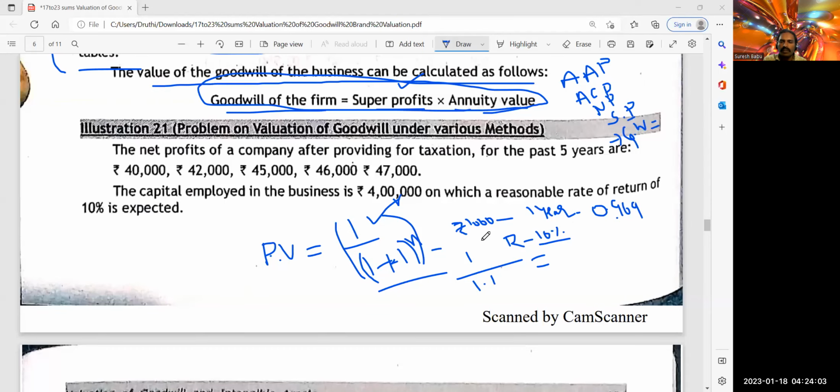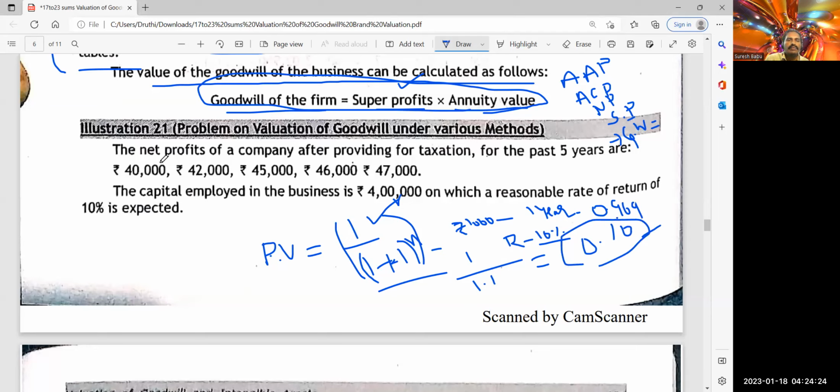So you take the calculator and do it. You will be getting this. So 1 divided by 1.1. See, what is 0.1? 10% means 0.10. You can write, right?